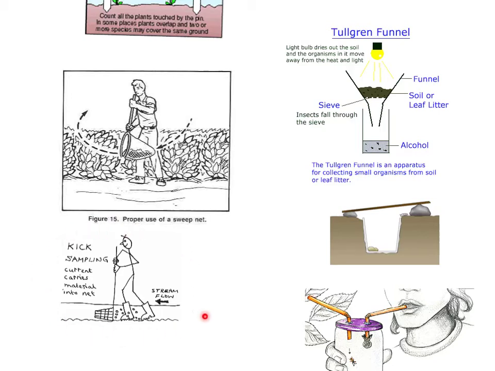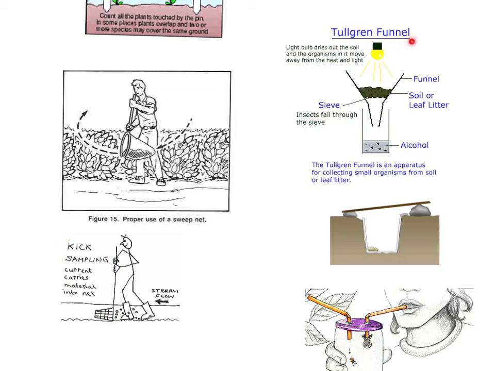This is for sampling invertebrates in a riverbed. We get our net, and we then kick and disturb the riverbed, which disturbs all the invertebrates, and the flow of the river forces the invertebrates into our net. So that would be a kick sample.